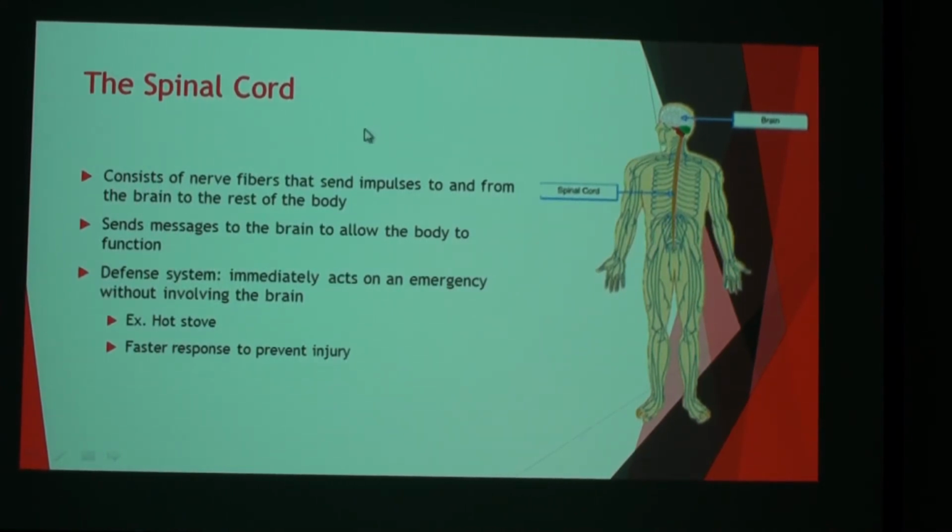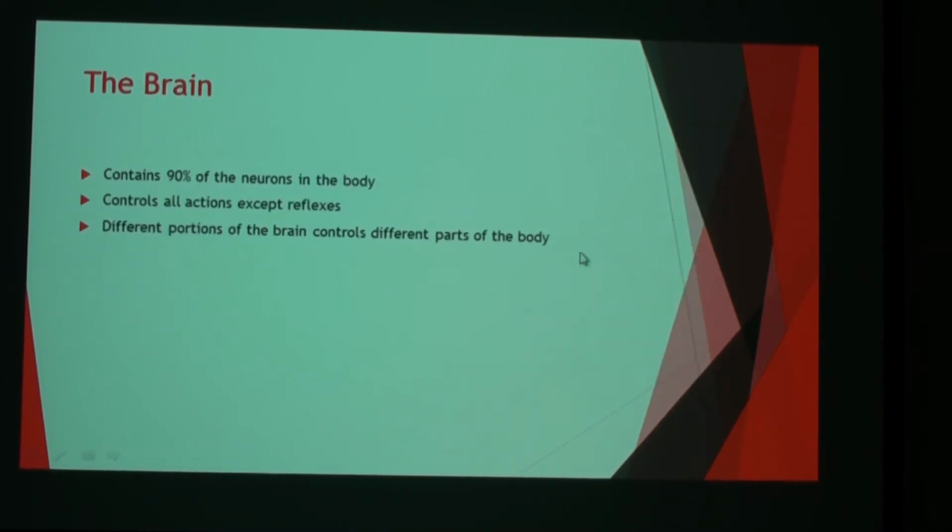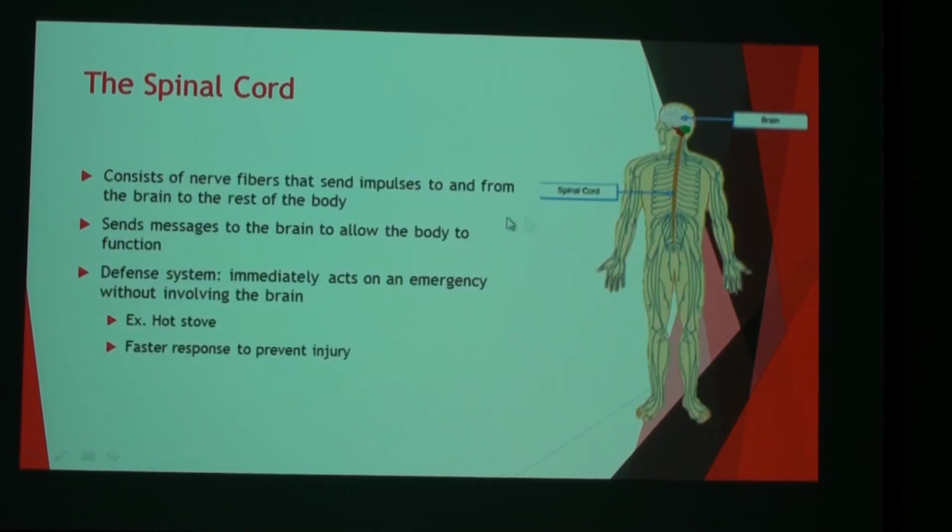Next we have the spinal cord. The spinal cord right here, it's this line that you see in the back of this model. And it consists of nerve fibers that send impulses to and from the brain to the rest of the body.